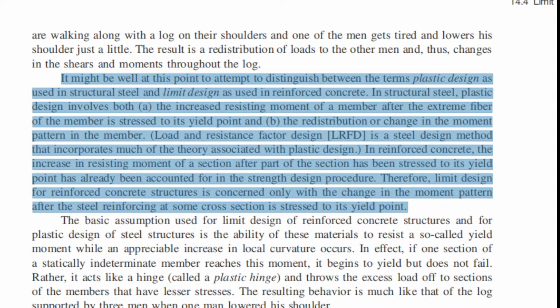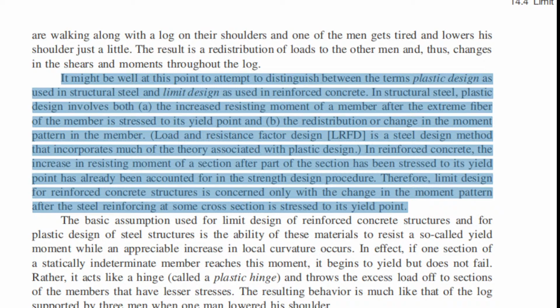Therefore, the limit design for reinforced concrete structure is concerned only with the change in the moment pattern. So supposed to be there are two factors, but now the first factor is not present in reinforced concrete. Why is it not present? It is present actually, but it has already been accounted for in the previous step.